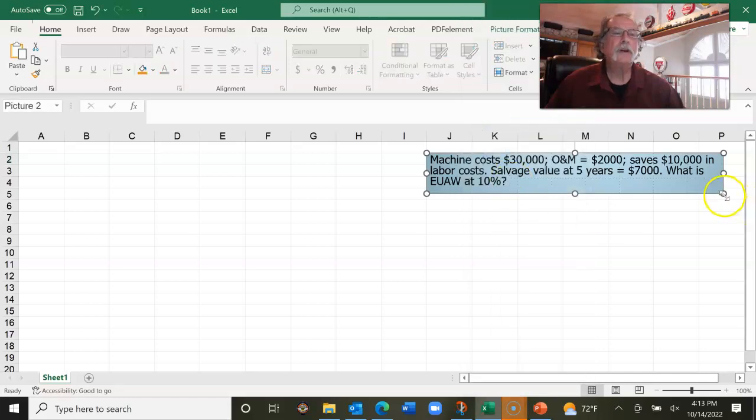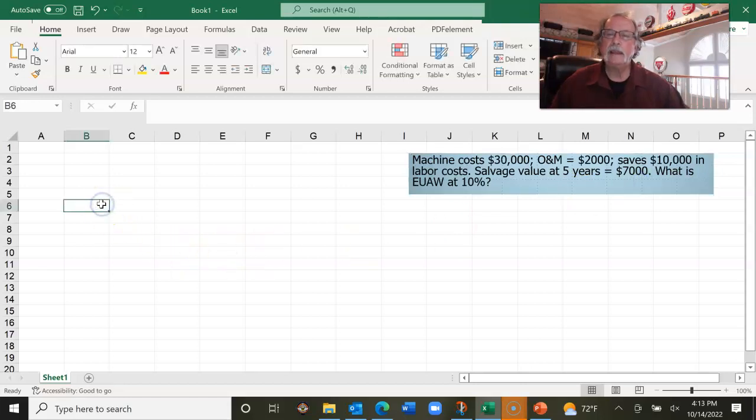So here's our problem right here, and we can lay out our cash flows. There are multiple ways to do these problems. I'm going to show you what I think is the easiest way, and then I'm going to show you a couple of alternative ways.